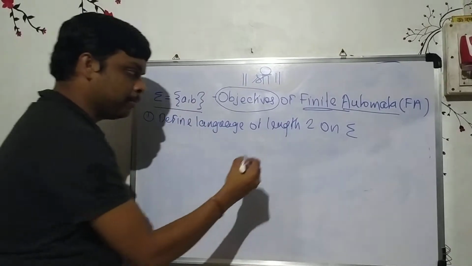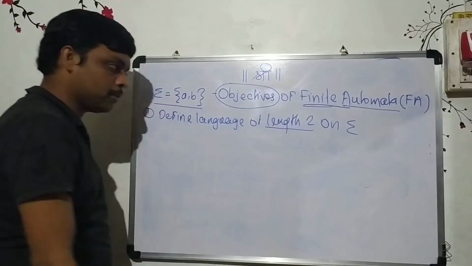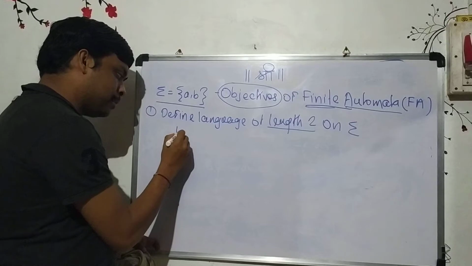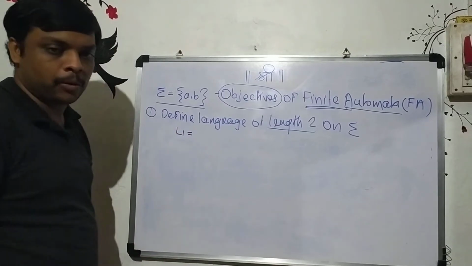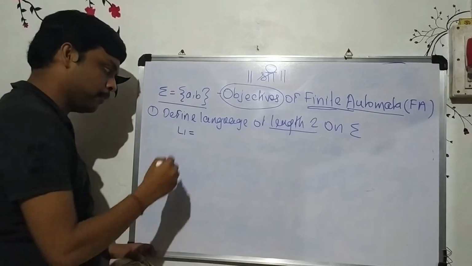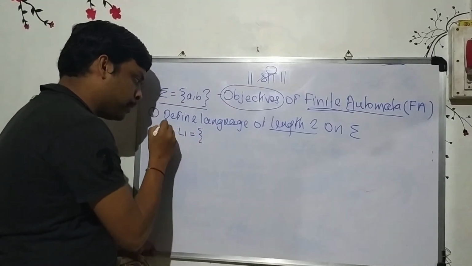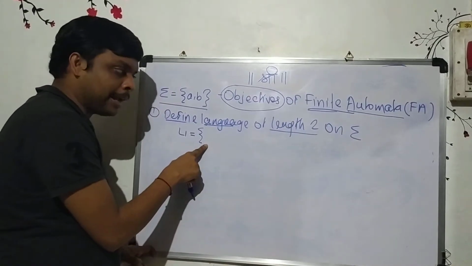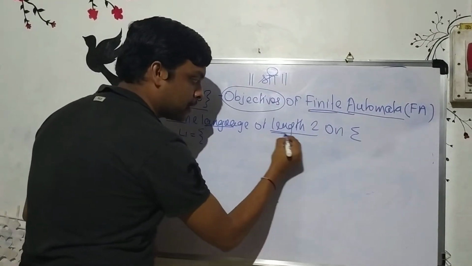The same question we have already discussed, so let us revise it. How to define this language? Let us use the letter L1 for denoting this particular language. The meaning of this question is that while mentioning elements in this language, we have to take care of this condition.